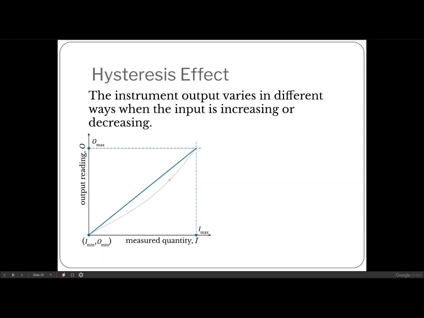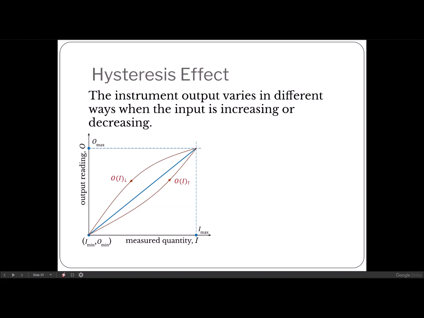The deviation from the ideal linear relationship is different when you are taking increasing measurement and decreasing measurement. So when you are doing increasing measurement, the relationship between output and input is different than if you are doing decreasing measurement. So we have double non-linearity here, I can say.